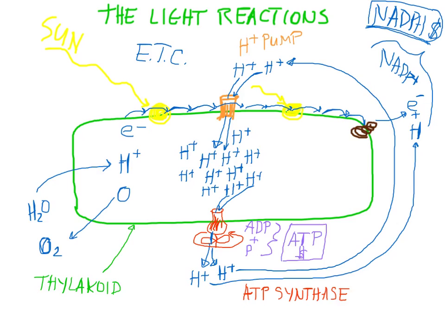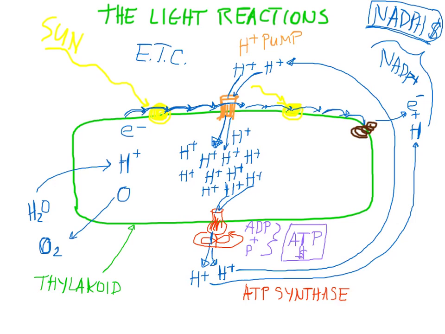So to summarize, the energy from the sun is what makes the electrons move along the electron transport chain. And it's the force of these moving electrons that makes the hydrogen ion pump hydrogen from the outside of the cell to the inside of the cell.